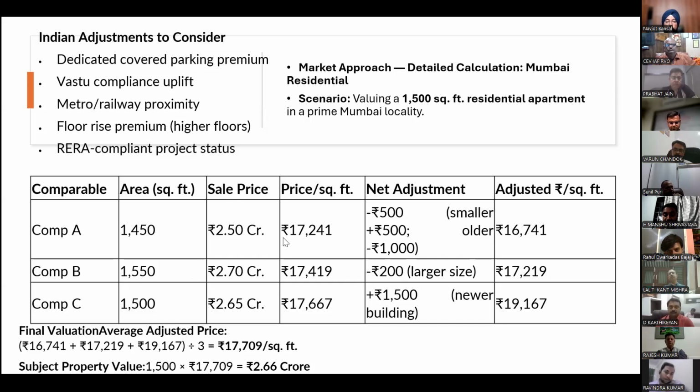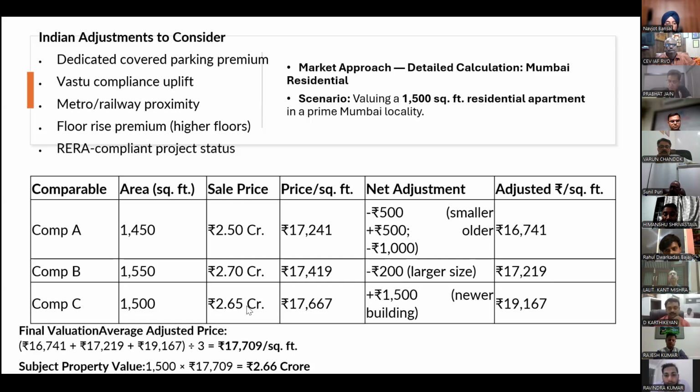Then comparable B is 1,550 square feet. It was sold for 2.7 crore. It has somewhat higher area, so we apply an adjustment of minus 200 rupees. The rate is 17,419 per square feet, and after adjustment the value is 17,290.